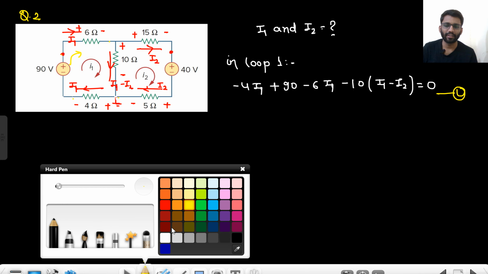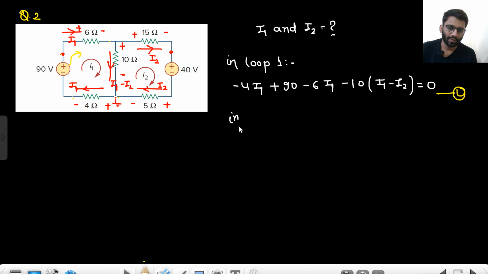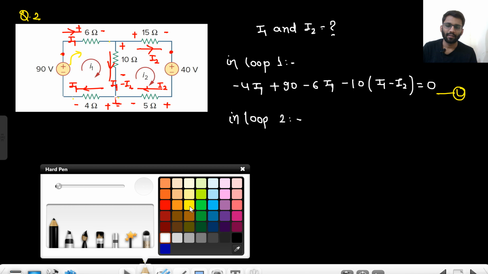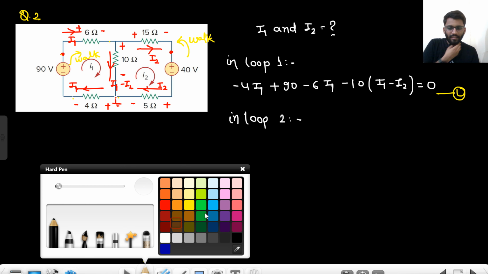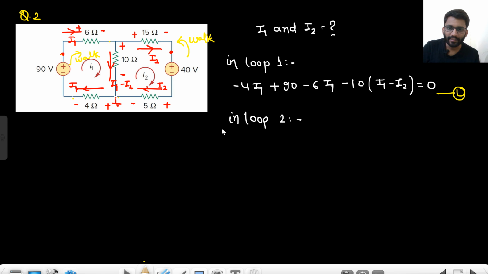Now you will write down the equation in loop 2 as well. So how will you work? You can work in any direction. I am working like this, starting from here.